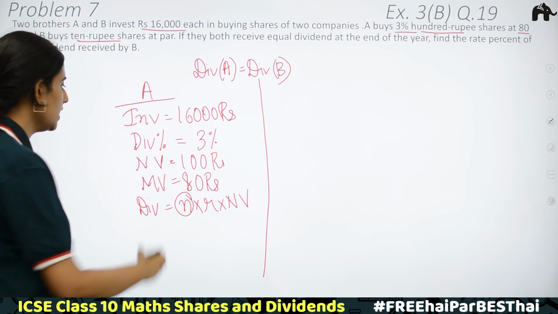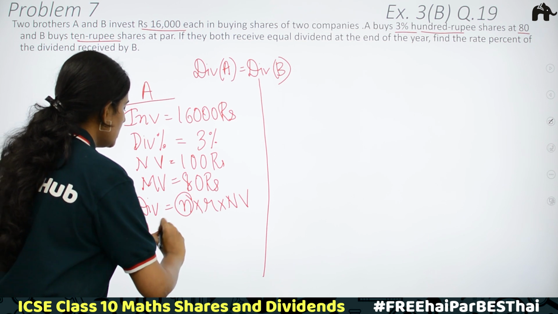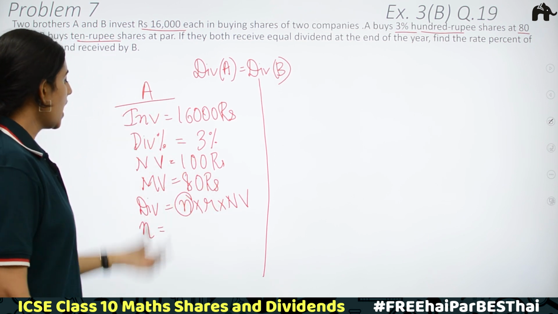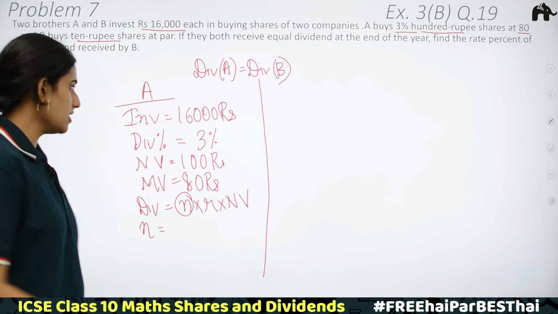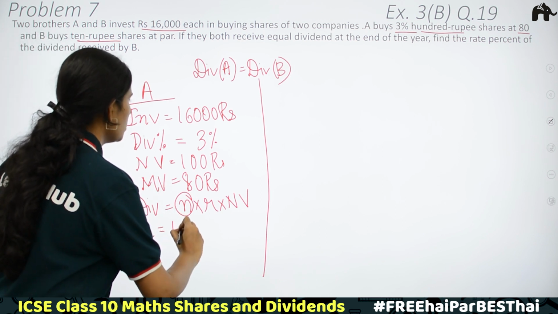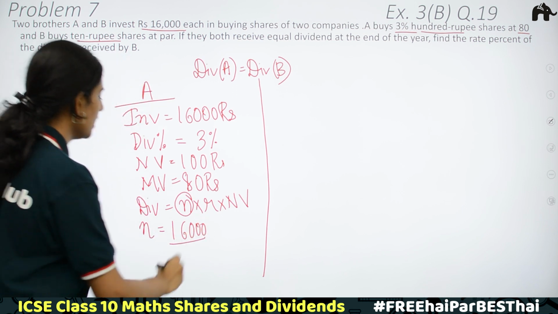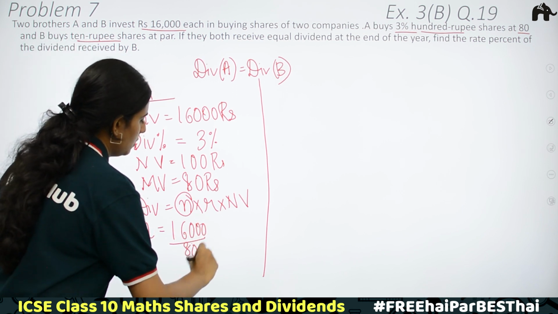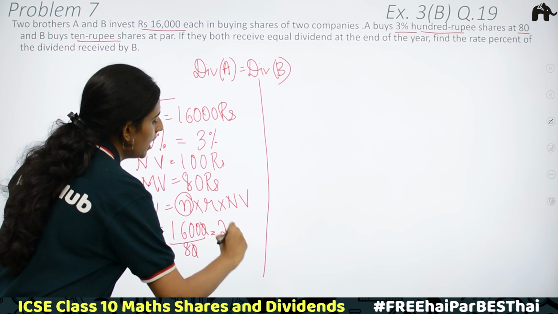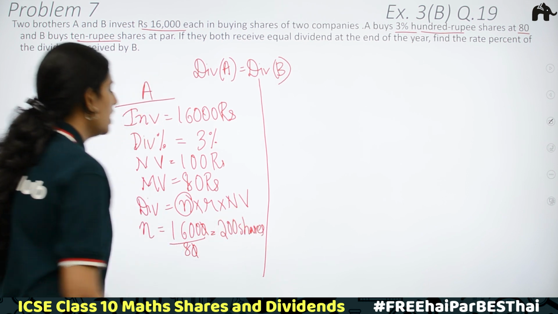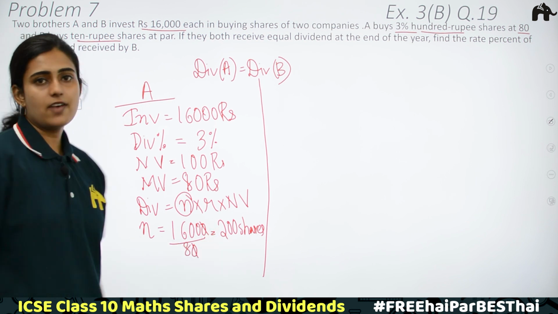Number of shares we need to find. N is equal to, we can easily find, right? We have the investment and the market value of 1 share. N is equal to 16,000 divided by 80. We will be getting 200 shares. 200 shares.